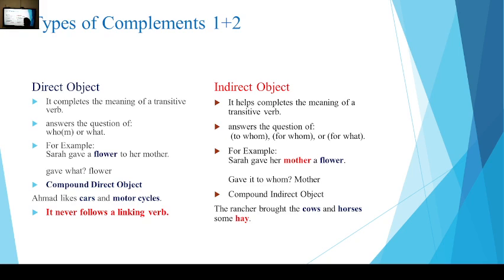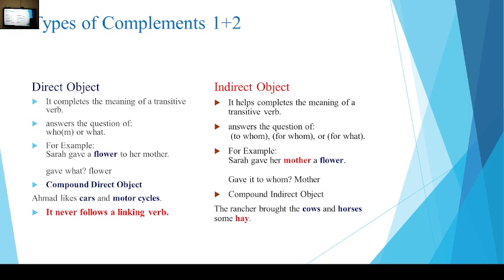For example, Ahmed likes cars and motorcycles. So Ahmed likes what? Cars, motorcycles. So cars and motorcycles are a compound direct object. Note that it never follows a linking verb. As I said before, it follows a transitive verb, not a linking verb.